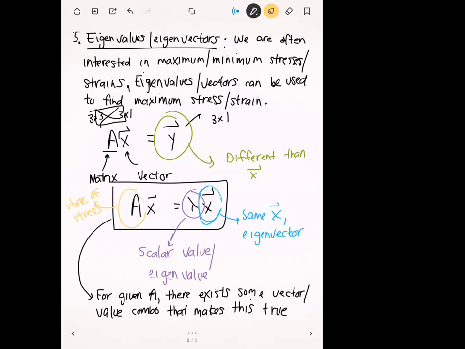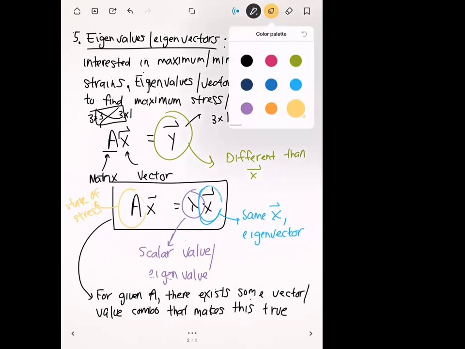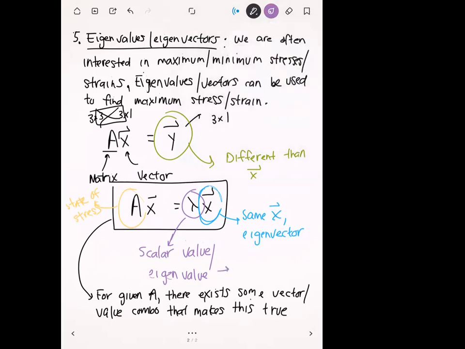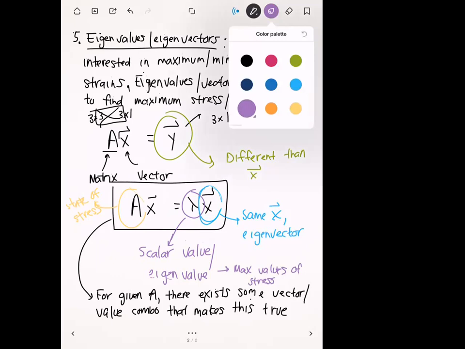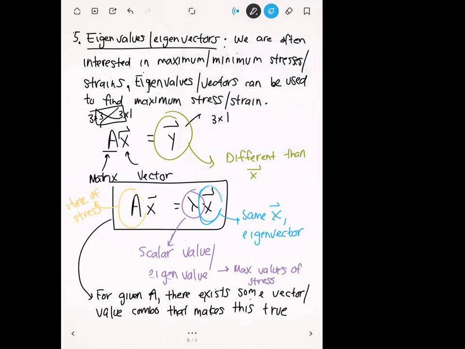If you find the eigenvalues and the eigenvectors of that matrix, the eigenvalues will tell you the maximum values of stress, and the eigenvectors will tell you the directions in which those stresses are occurring.